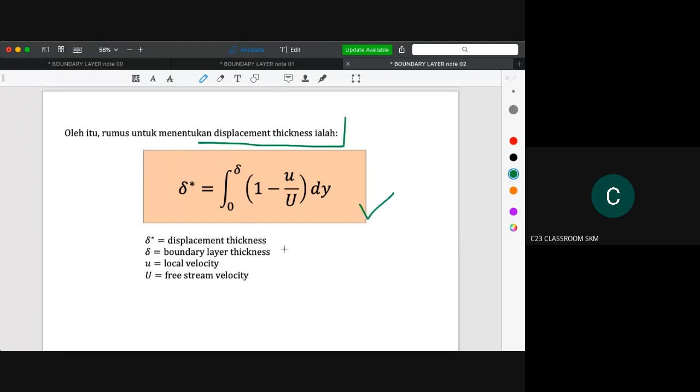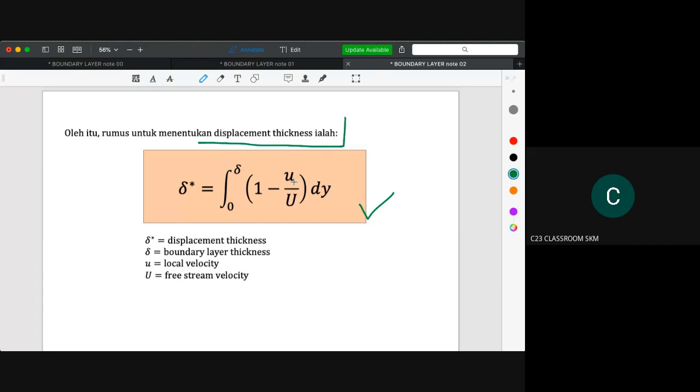Please remember this equation. Please make sure that you can draw the diagram, calculate the conservation of mass, and then prove that the value of delta star can be written as the integral from 0 to delta of 1 minus u over U dy.